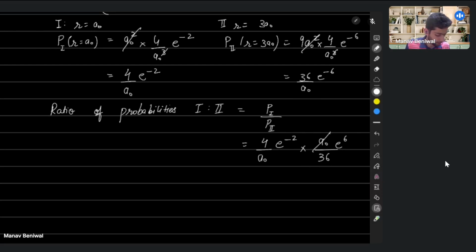Okay, so this A naught will cancel out. This will become 1/9. So this becomes 1/9 e to the power 4. And e to the power 4 is 54.6 divided by 9.